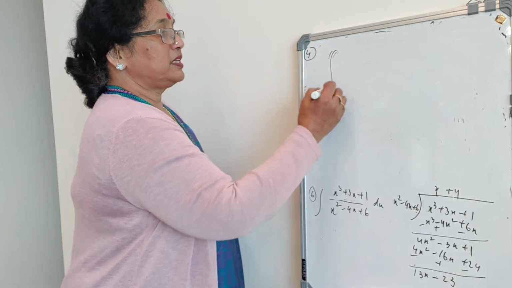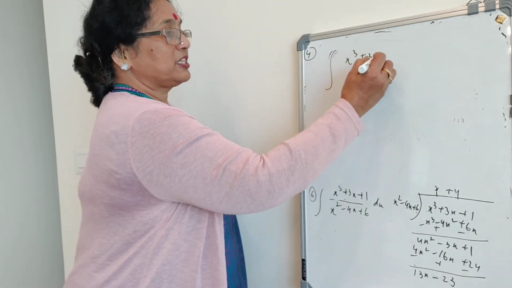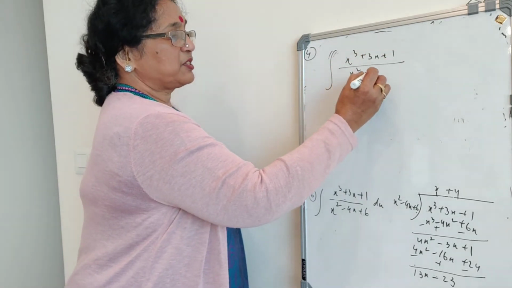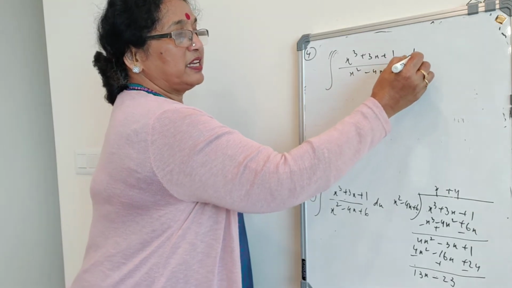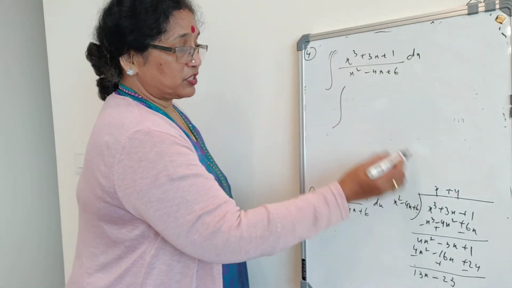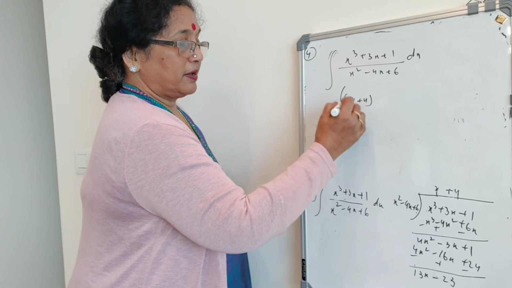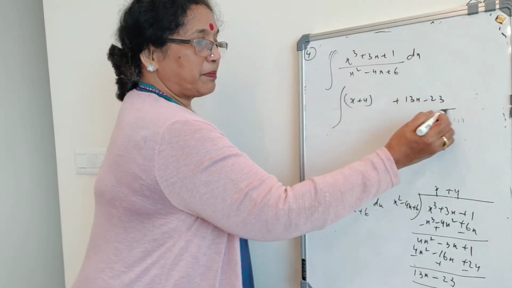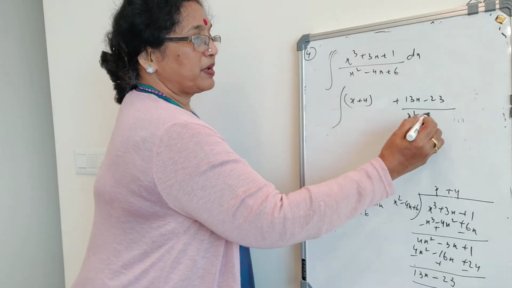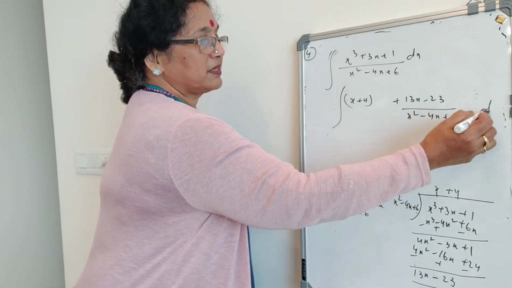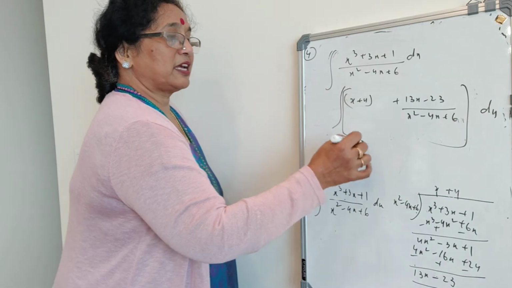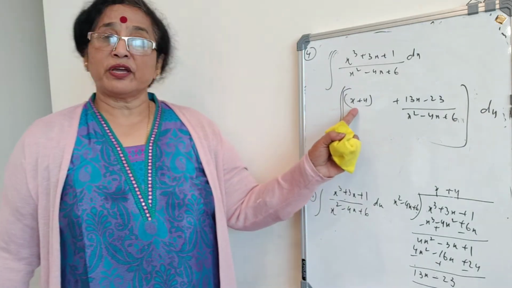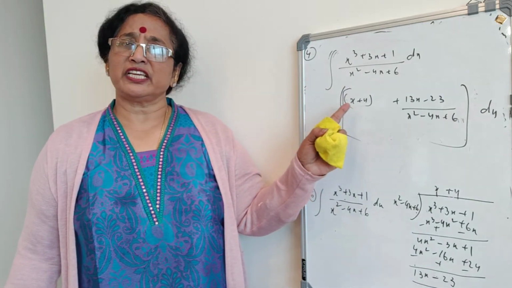So this sum, integration of x cube plus 3x plus 1 divided by x square minus 4x plus 6, so when you divide, quotient you're getting x plus 4 and remainder you're getting 13x minus 23 by the divisor x square minus 4x plus 6. You're getting this, am I right? So you can integrate this, easy integration.